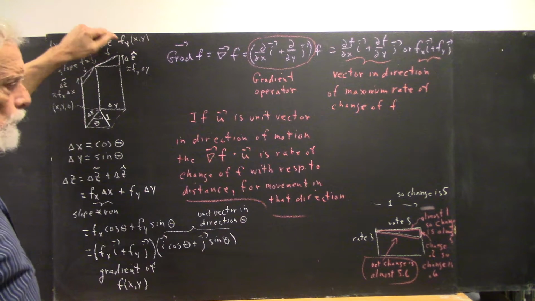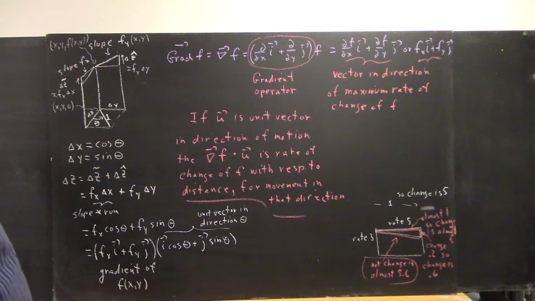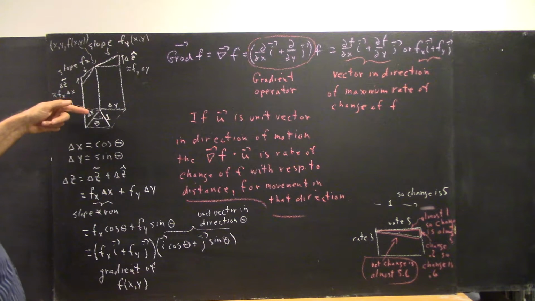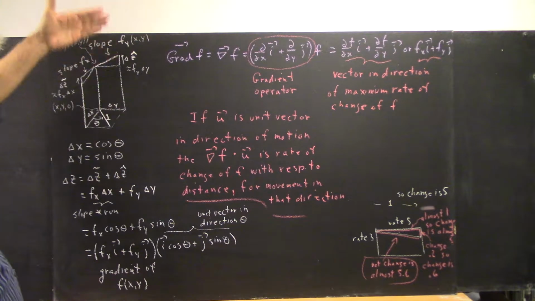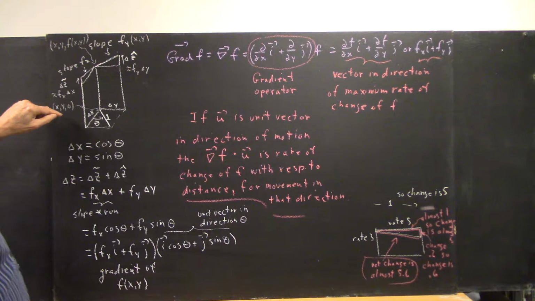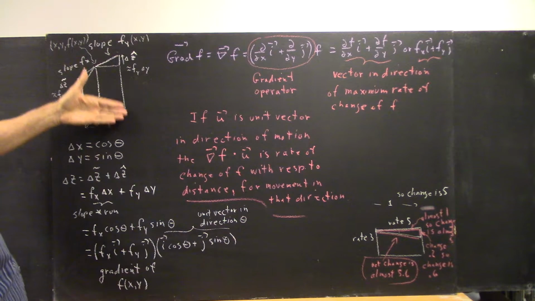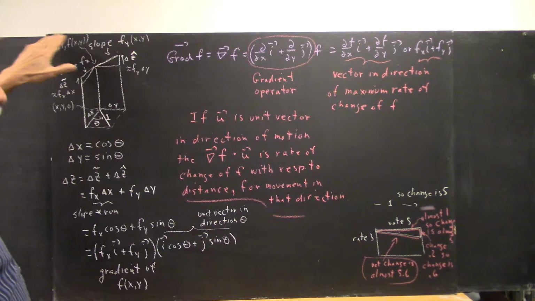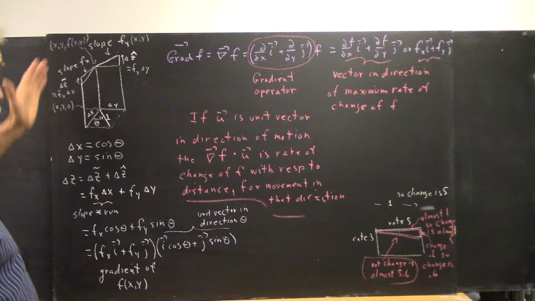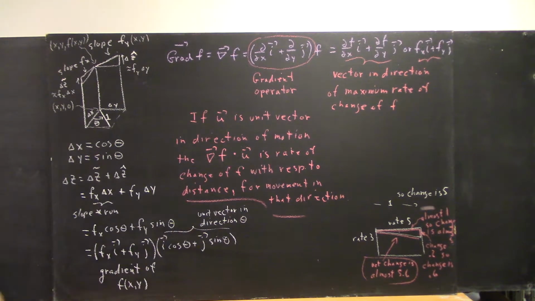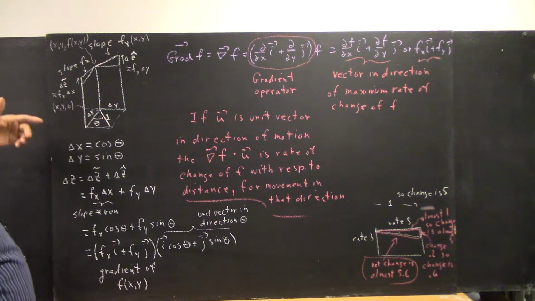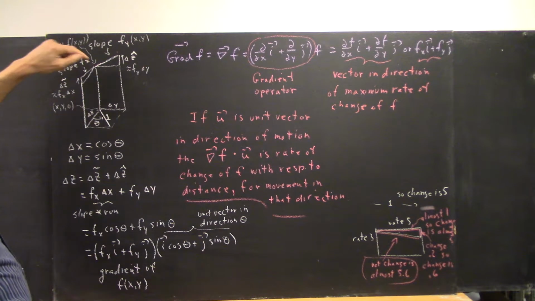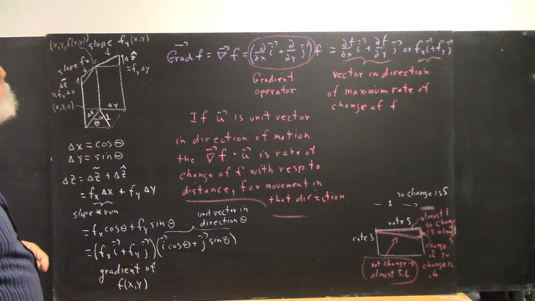Now, just what does this fy represent? Well, if we slice xyz space with a plane parallel to the yz plane through this point (x, y0), we get a curve. Where that plane intersects the graph of our f(x,y) function, we have a curve, assuming that this function is smooth, assuming it has derivatives of all orders, or at least a sufficient number of orders that we have at least the first derivative.